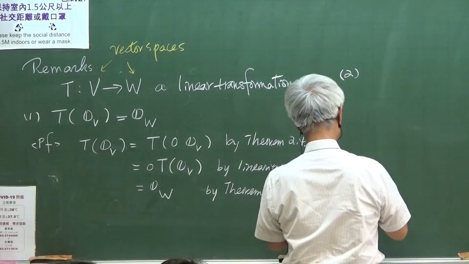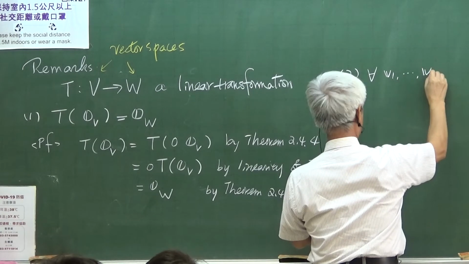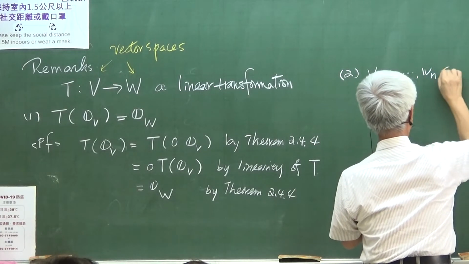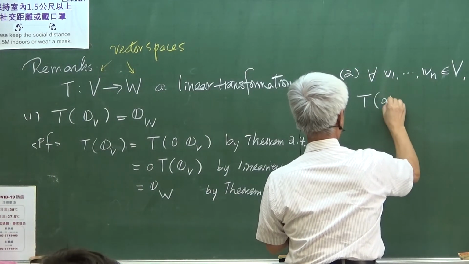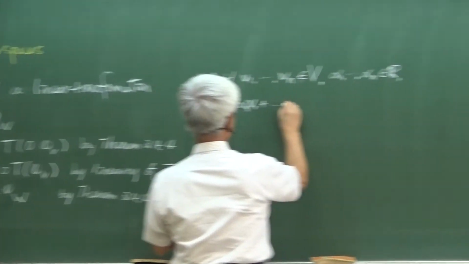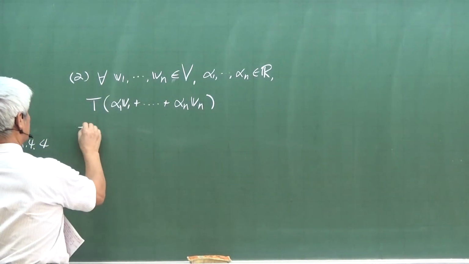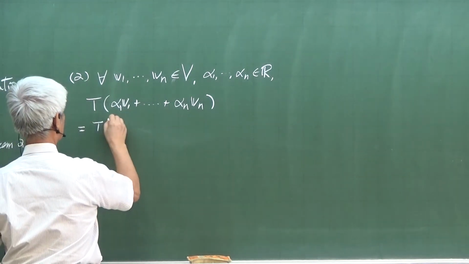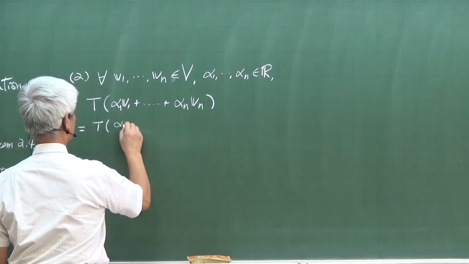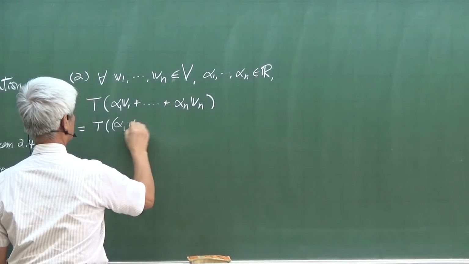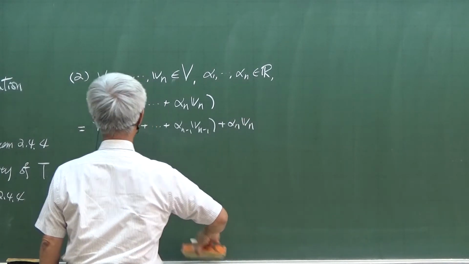The second remark is that for any V1 up to Vn in V and alpha 1 up to alpha n, the image of the linear combination of V1 up to Vn is that, by associativity, so we can think about that.